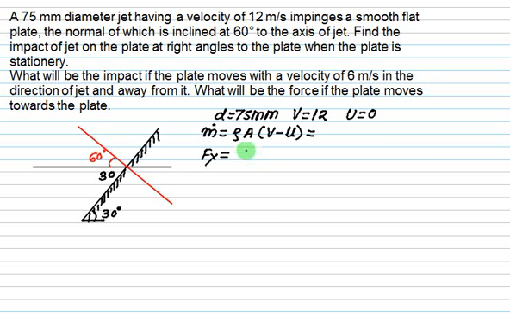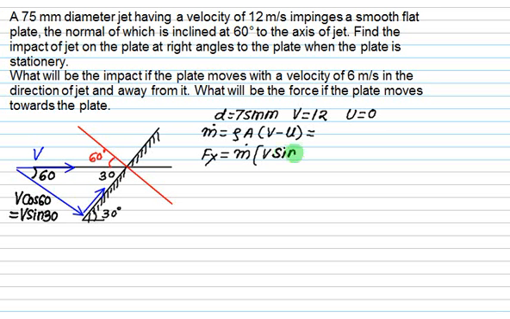Equals to m dot x, m dot multiplied by what? Is v sin 30 or cos 30? So this one is either you can write v cos 60 or v sin 30.